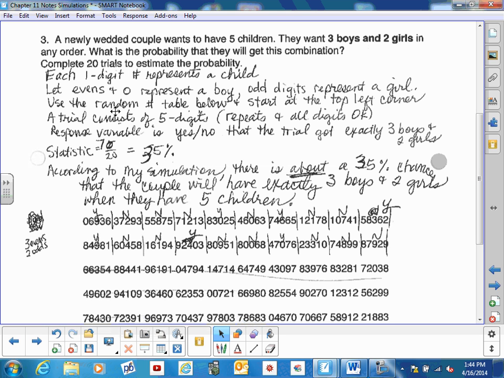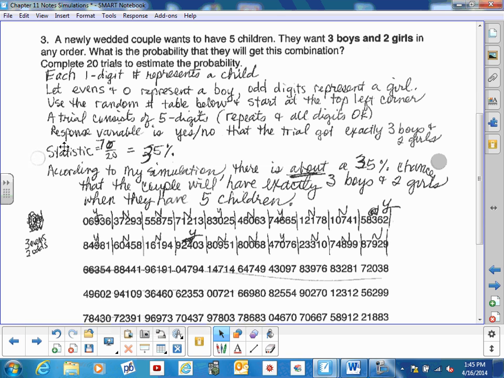A trial consists of 5 digits because you were getting 5 children. And again, repeats were okay because that just represented another boy or another girl. And all digits are okay. So the response variable is again a yes or no situation that I got exactly 3 boys and 2 girls.